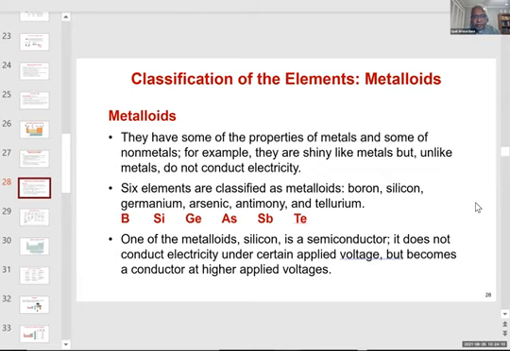It does not conduct electricity under certain applied voltage, but becomes a conductor at higher applied voltage. So they could be doped to increase their conductivity. Silicon is doped with trace metals to use in computer chips.